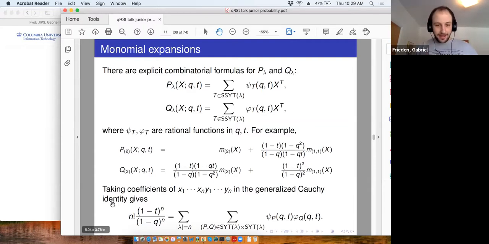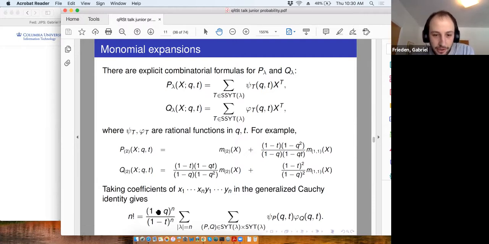On the other hand, the left-hand side is again going to be a sum over permutations, and the only difference is that we have to weight each permutation by 1 minus t to the n over 1 minus q to the n. So I get this identity by taking that coefficient. It's more natural to move this factor to the other side, so I'm going to rewrite it like that.